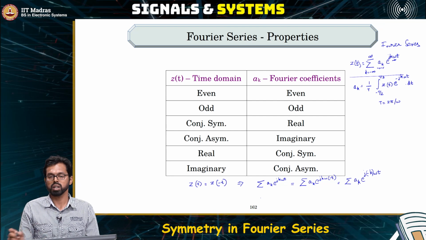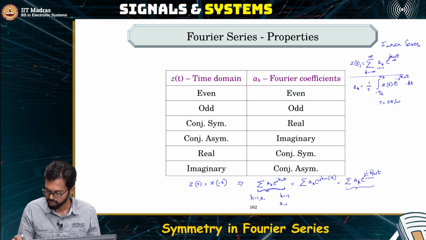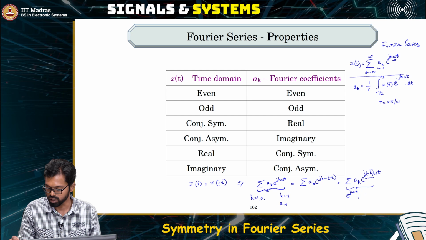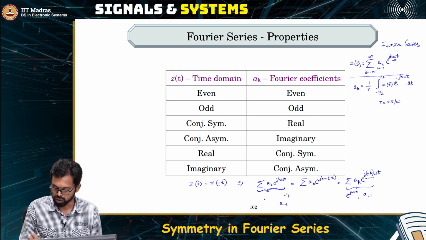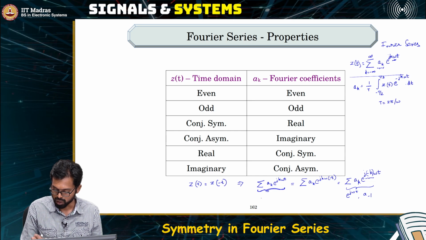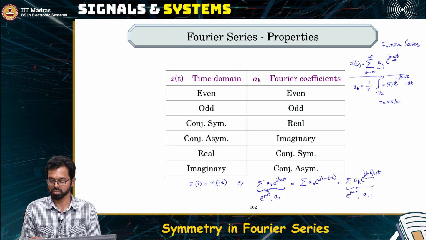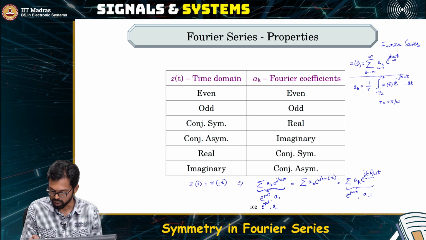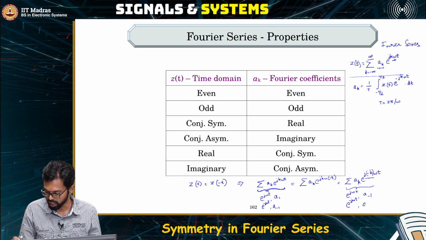So if you compare the coefficients now, the coefficient of e power j omega t here is a minus 1, whereas the coefficient of e power j omega t here is a1, and the coefficient of e power minus j omega t here is a minus 1, whereas the coefficient here of e power minus j omega t is a1.